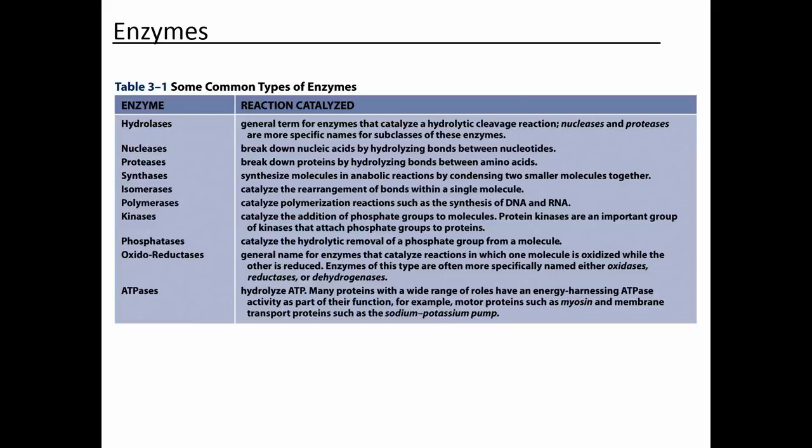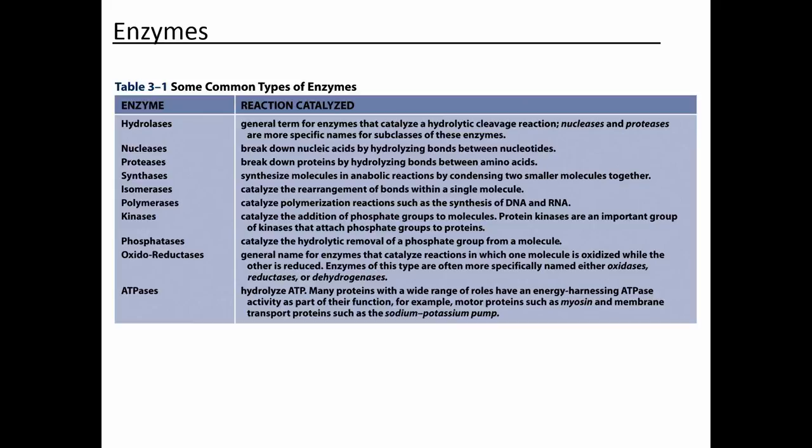We'll study two polymerases in this class. One is called DNA polymerase, which is used in DNA replication. DNA polymerase takes nucleotides and connects them together to form a strand of DNA during DNA replication.